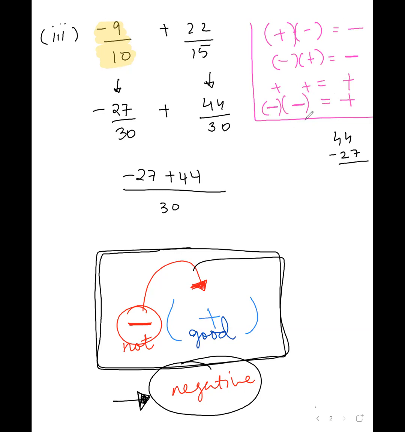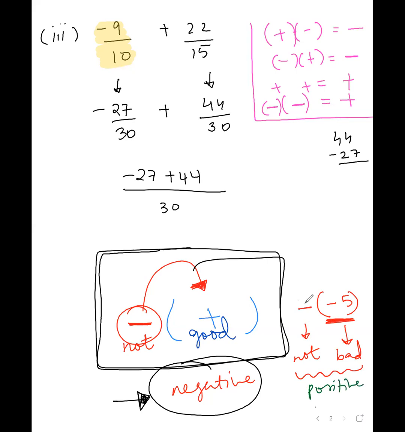How does that happen? Let's take an example, that if you have a negative sign in front of a negative number, like -5. This is similar to saying you have a negative word, not, in front of a negative word, which is bad. So the overall meaning of not bad is positive.